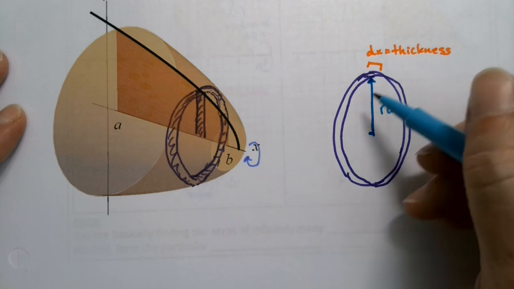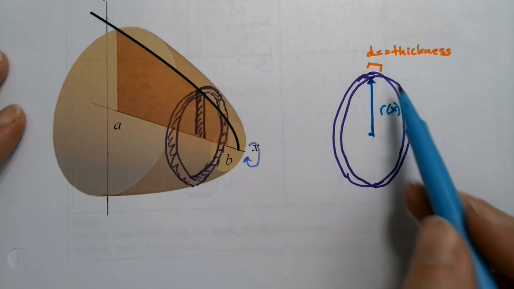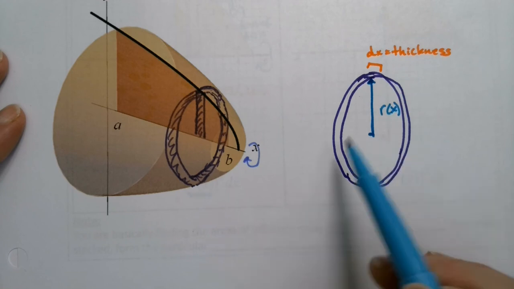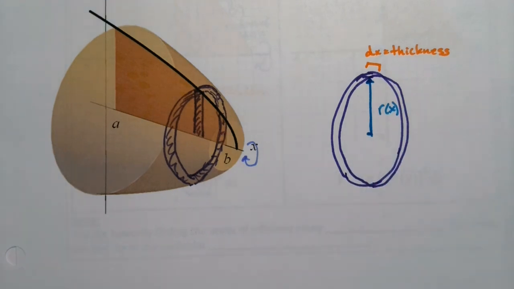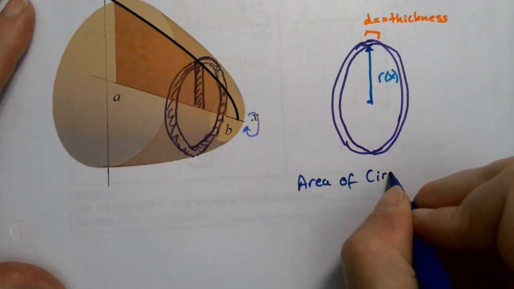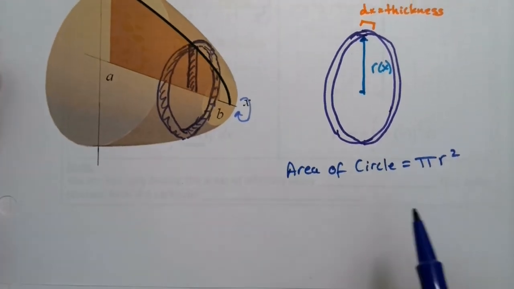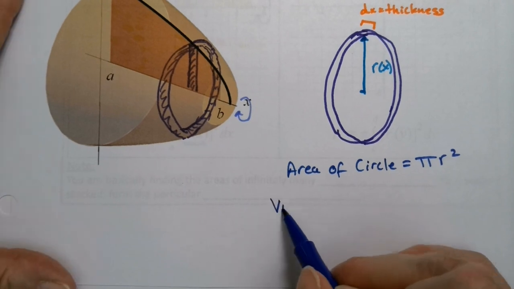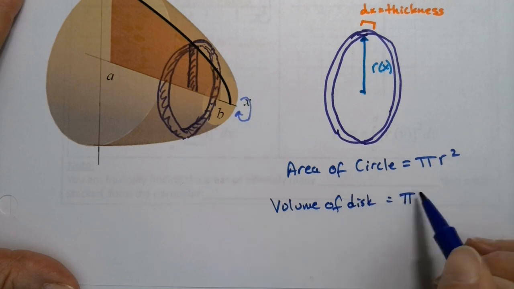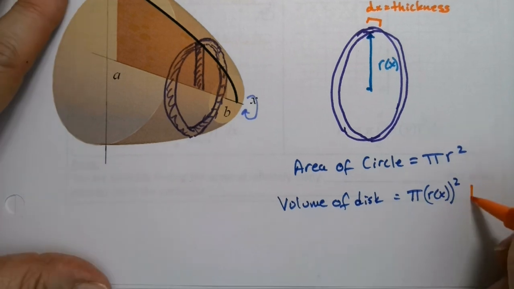And it's the radius of this disc. Sorry, it's supposed to be a circle. It's not, but it looks more like my potato. So it's a radius of that thickness, of that disc. And then you swing it around. What's the area? So area of a circle is pi r squared, right? So the area of this, the volume of the disc is pi r of x squared times the thickness, which is dx.